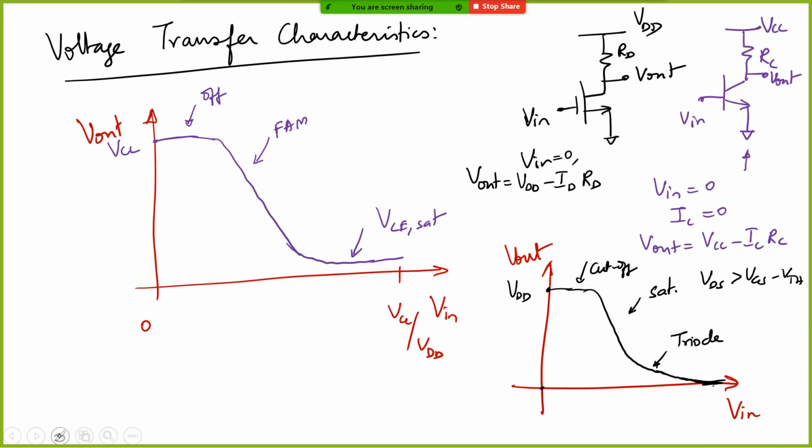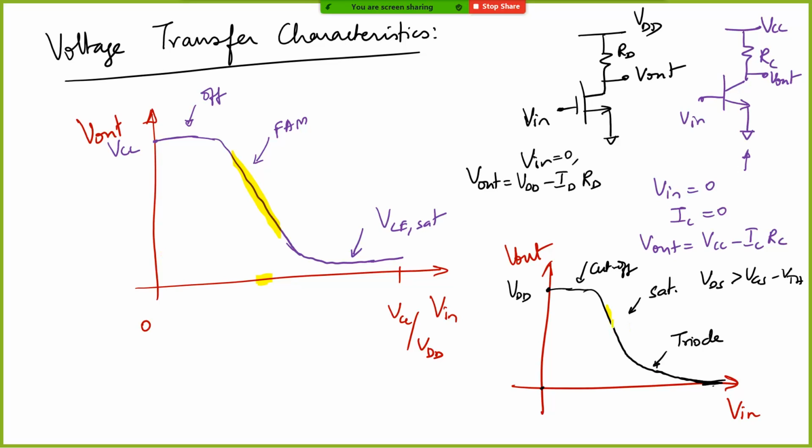This is where the circuit acts as an amplifier. You can see that from Vin to Vout there is a pretty good slope here, right? And this is where a small change in Vin will result in a larger change in Vout. This is where it acts as an amplifier.